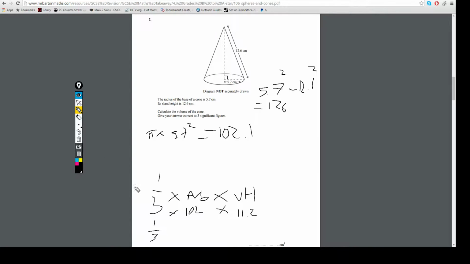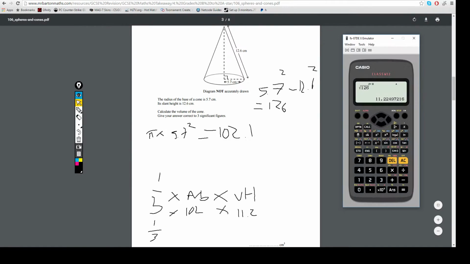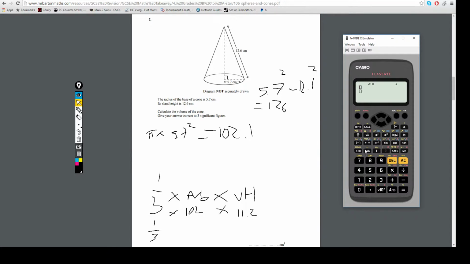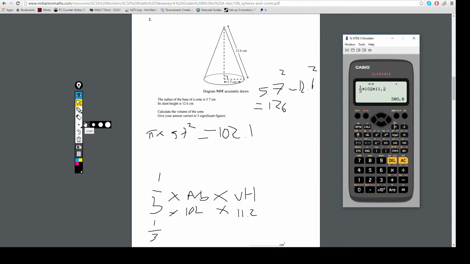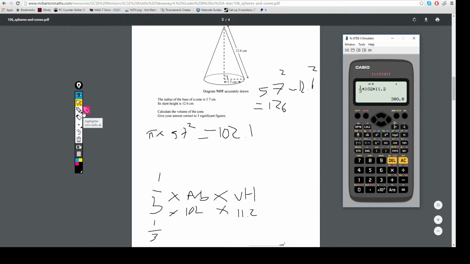So obviously this is calculator, so we're going to get our calculators out, and you guys can do this with me. We're going to do 1/3 times 102 times 11.2 equals, and we're going to get 380.8, but it's going to be rounded to three significant figures, so 381.